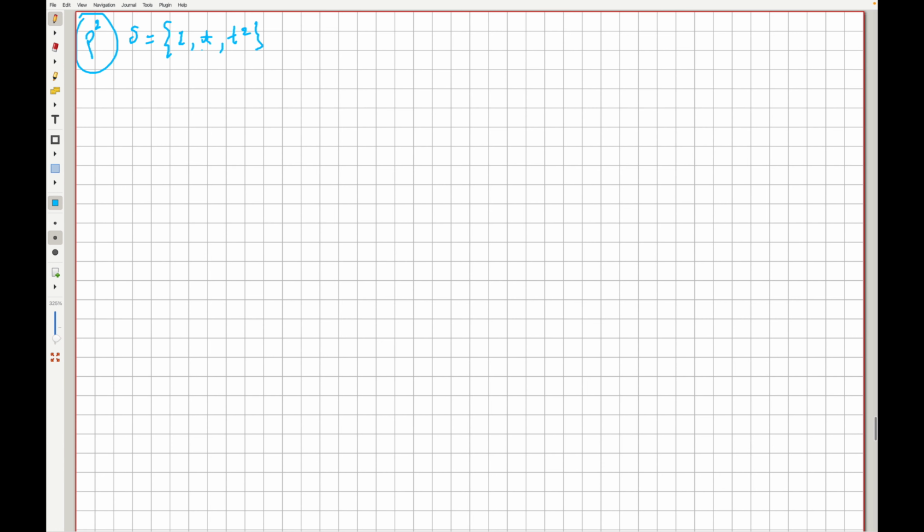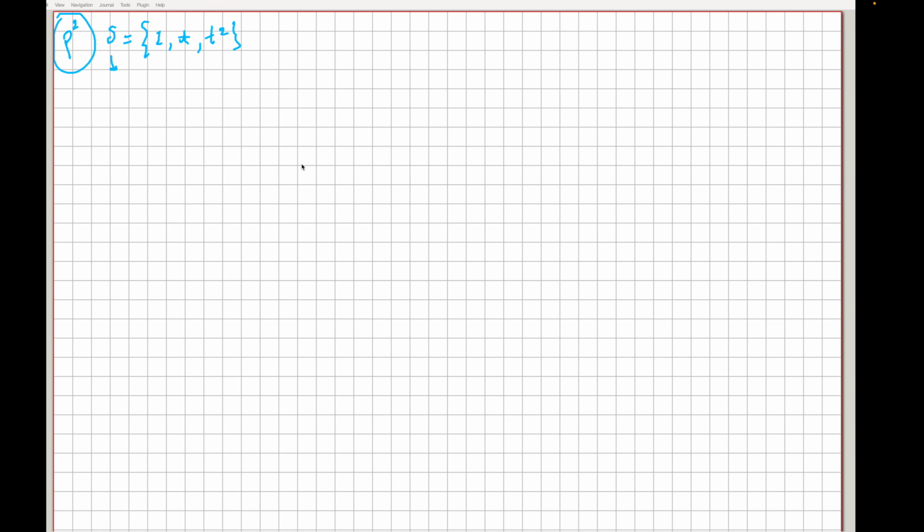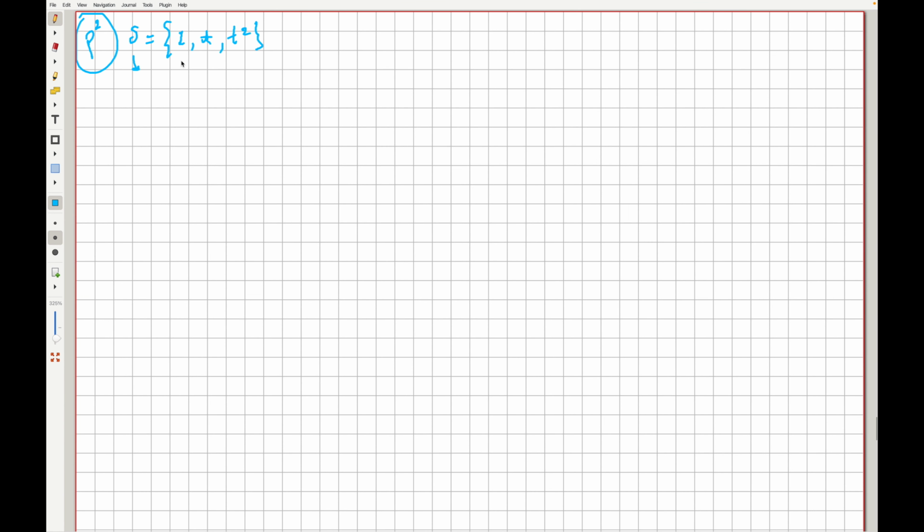The idea is that we can use these basis vectors to create any polynomial in that particular space. And here is one such polynomial created using those vectors, shown here in red. We can look at the basis vectors as well. The basis vector y is equal to 1, which is simply that horizontal line parallel to the x-axis, which is just this 1.